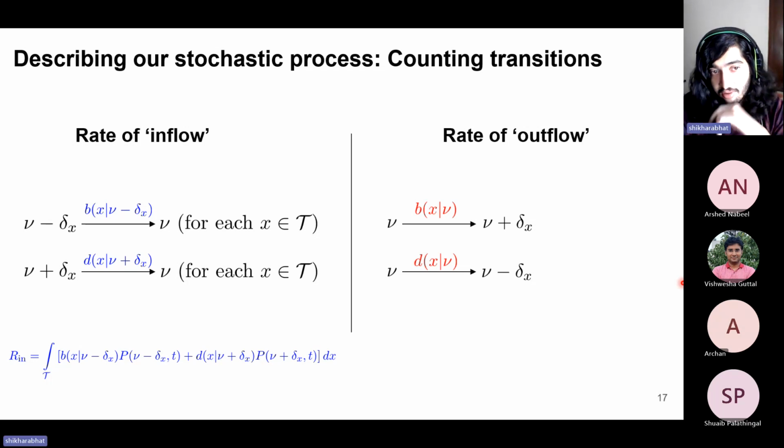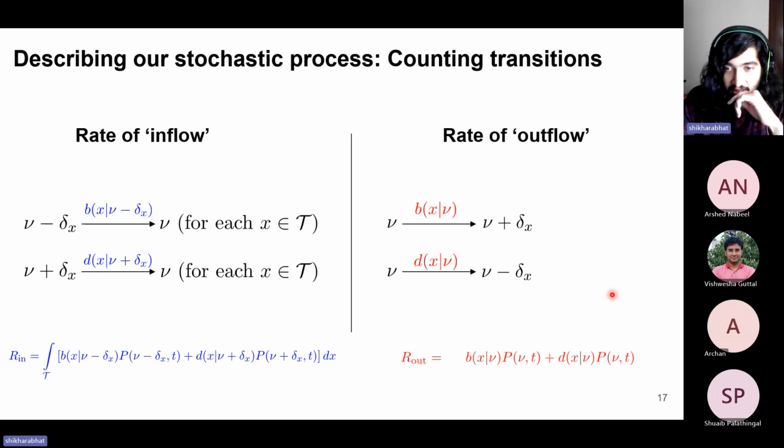I can therefore write the rate of outflow as, once again, the transition rate B of X given nu times the probability of finding this population, which is P of nu, t.